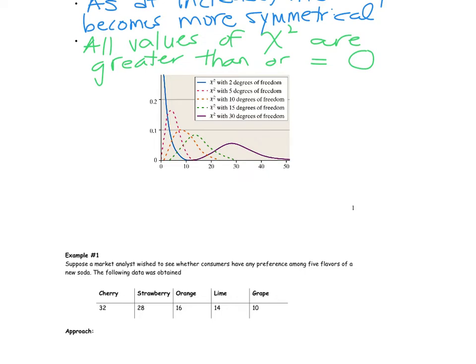Okay, and then in the back of your formula sheet, in the back of your textbook, there is a table of values for your chi-squared distribution. And the table of values is set up just like a student's t-distribution.